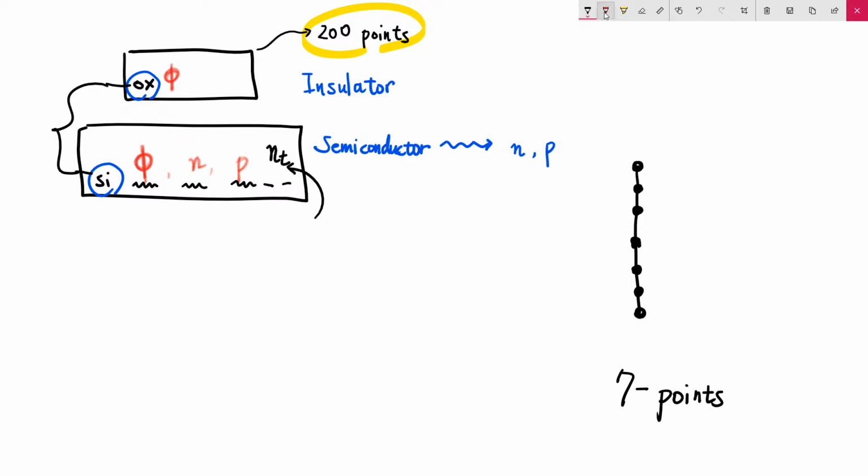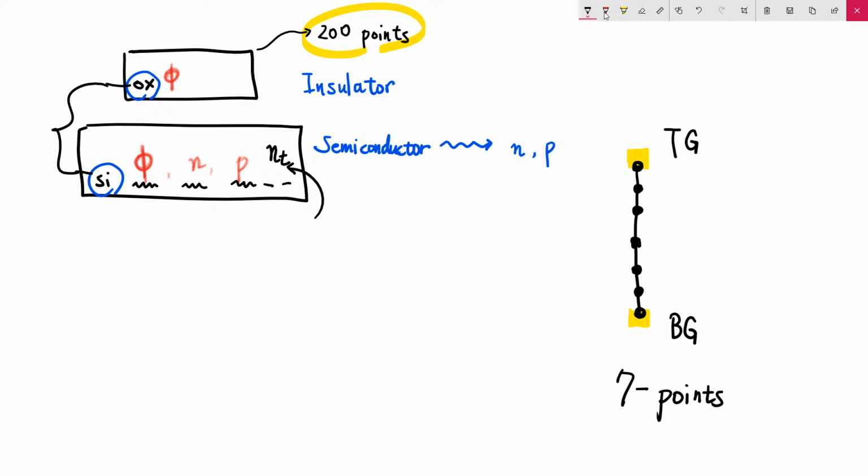I have introduced 7 points, and yes, the top and bottom points are designated as terminals. So say that this is the upper gate and lower gate, or you can say top gate and bottom gate.